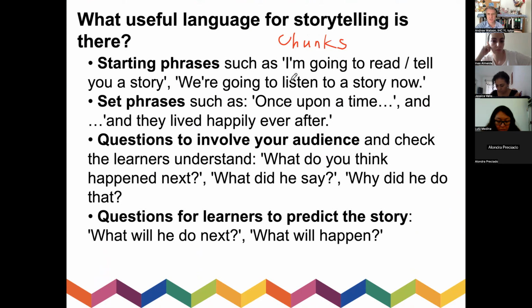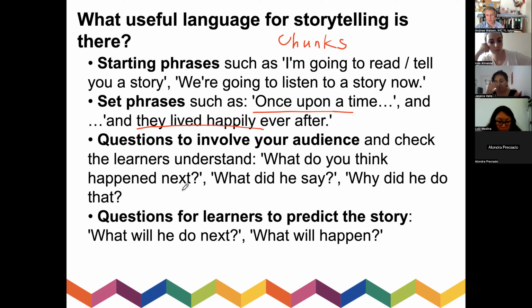Whole expressions that we can use to improve fluency. Like once upon a time, they lived happily ever after. Right? You just get them to memorize those expressions. But you can also have questions to involve your audience and check the learners understand.